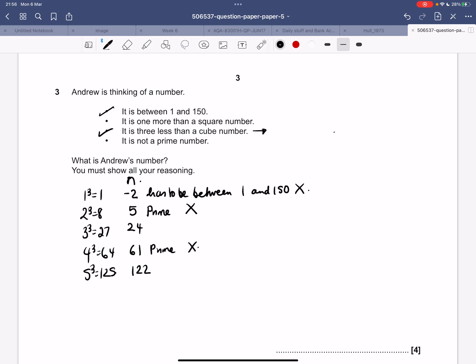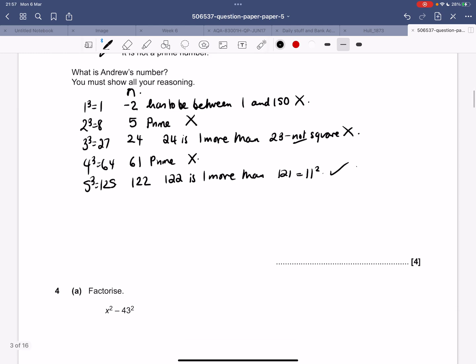So it's either 24 or 122. 1 more than a square number. 24 is 1 more than 23, and that is not square, so it's not 24. 122 is 1 more than 121, which is 11 squared, so it's that one, it's 122.